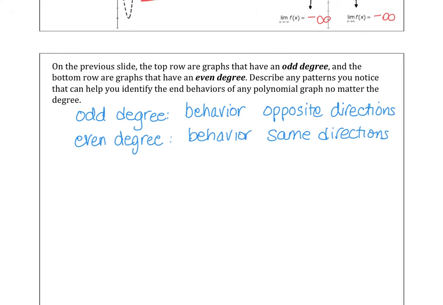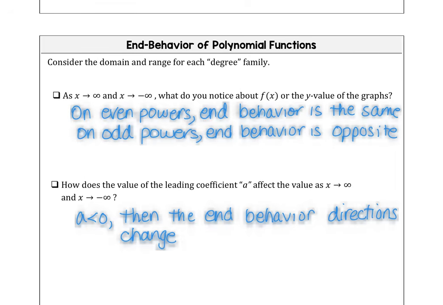So you might be familiar with this from a previous course, Algebra 1 or Algebra 2. On this slide, we're just summarizing what we learned. Consider the domain and range for each degree family. As x moves right and x moves left, what do you notice about the y values on the graph? Well, we noticed on the even powers, the end behavior stayed the same, and on the odd powers, the end behavior was opposite directions.